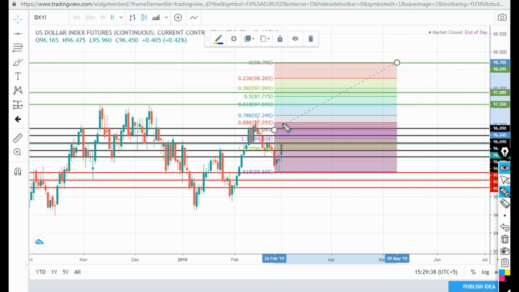So the first number I give you is this, right? The secondary number: let's suppose if you need to sell EURUSD right now, you have to focus on DXY. So DXY will go maximum up to this number, right?